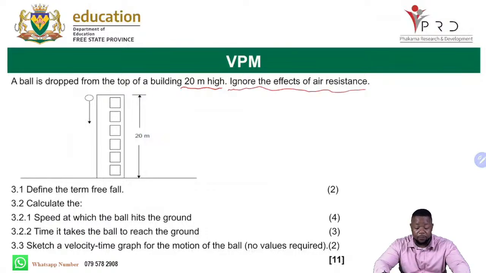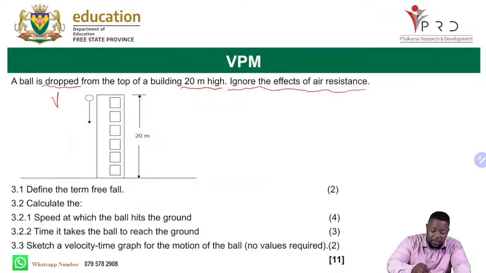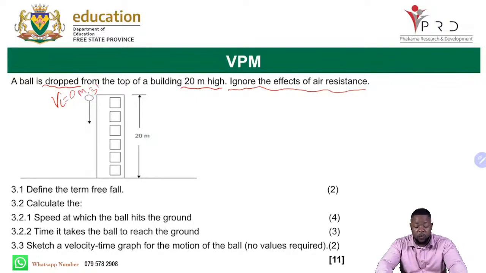In other words, this ball that is being dropped will be under free fall. The word dropped in the statement is very, very important. It indicates that the initial velocity of the ball is 0 meters per second.